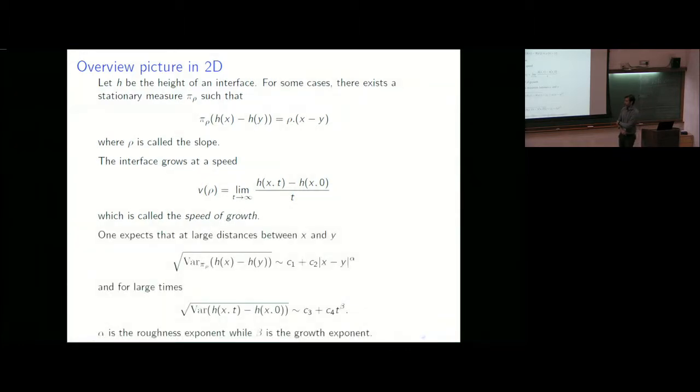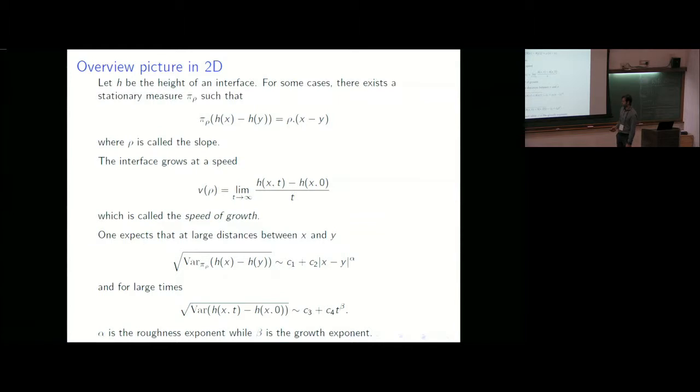One expects that if you look at large distances between x and y, and compute the variance between 2 points, it behaves roughly like C1 plus C2 times |x minus y| to the alpha, where alpha is something.